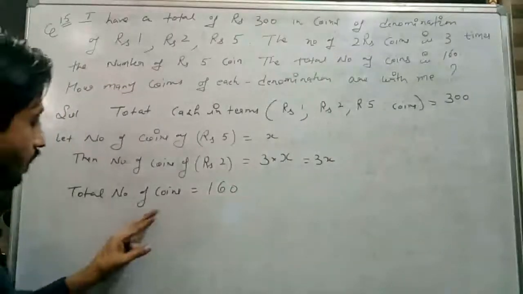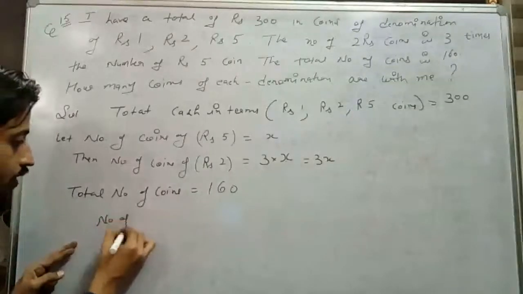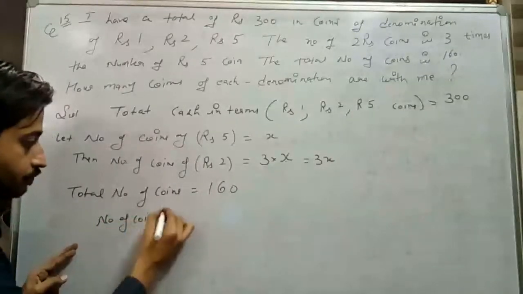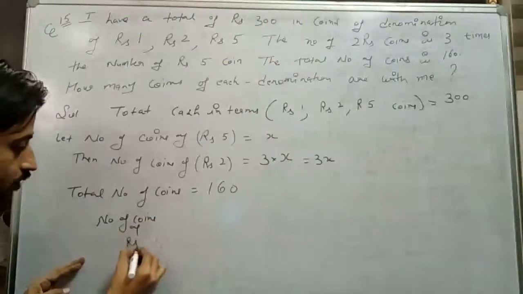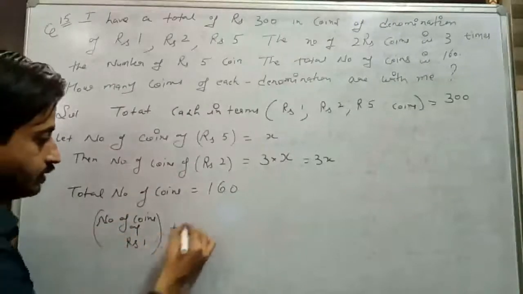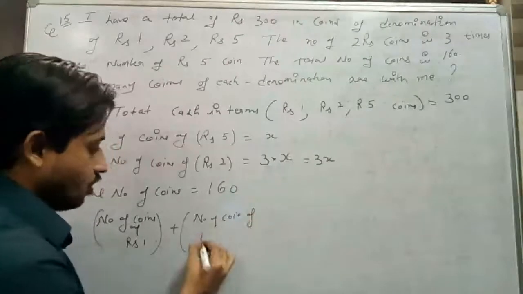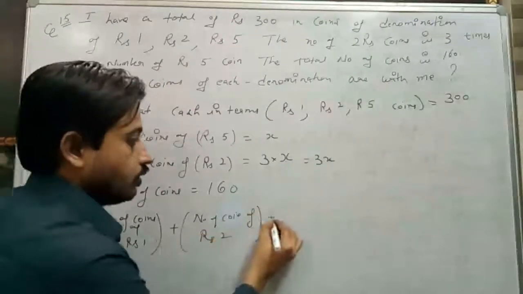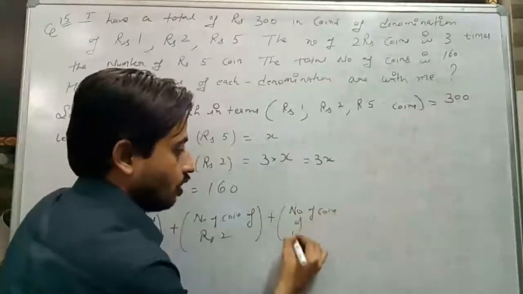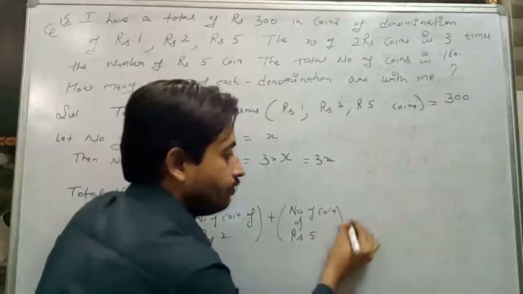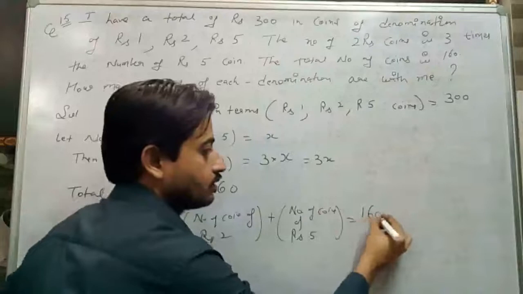We know the total number of coins is 160, and total number of coins means number of coins of rupees 1 plus number of coins of rupees 2 plus number of coins of rupees 5. If we add them, we get the total coins, which we know is 160.